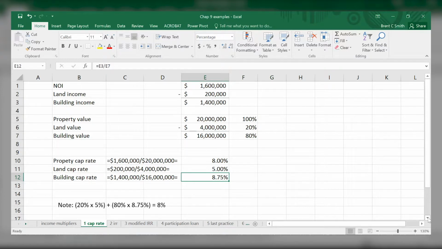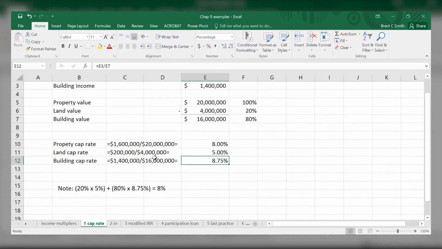For those of you that are familiar with it, this can be handled a bit like the weighted average cost of capital. So this property rate is just a blended rate of these two. Up here, what I did was estimate the proportion of total value that could be allocated to land and building. Of course, it's 20% for the 4 million and 80% for the 16 million.